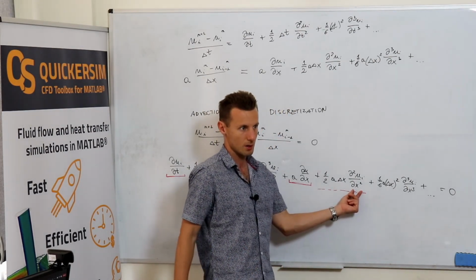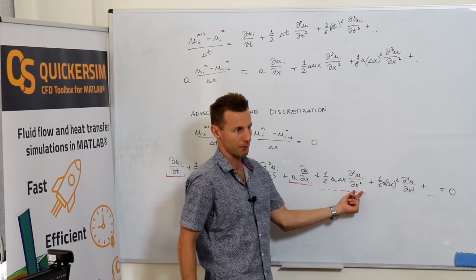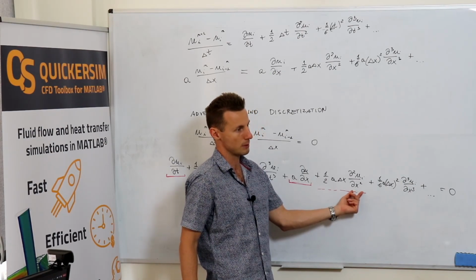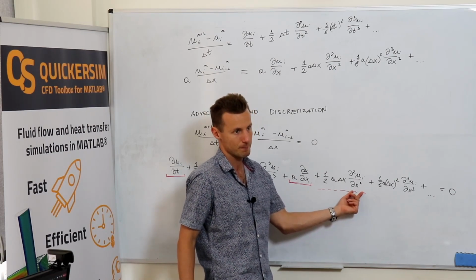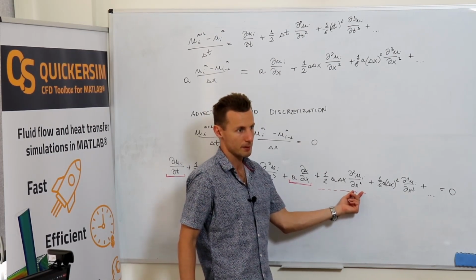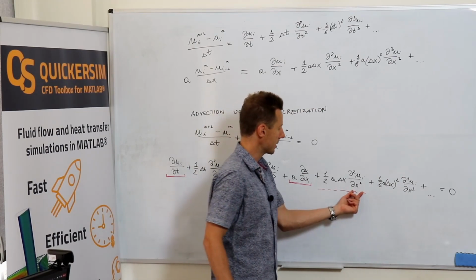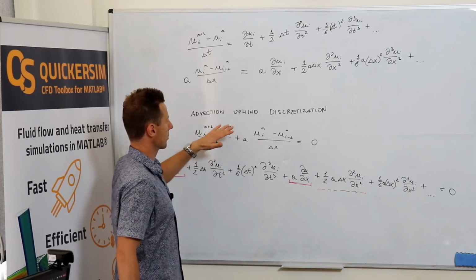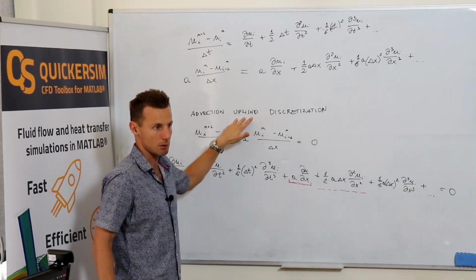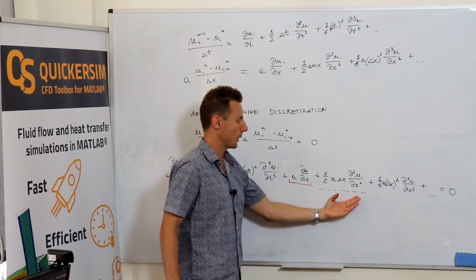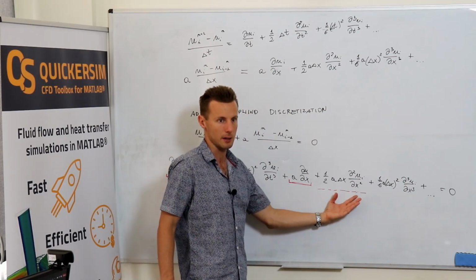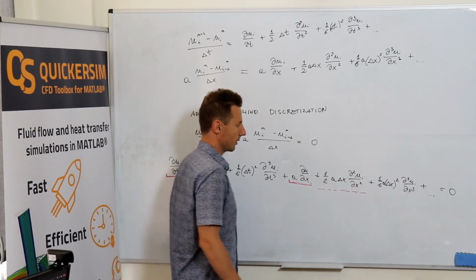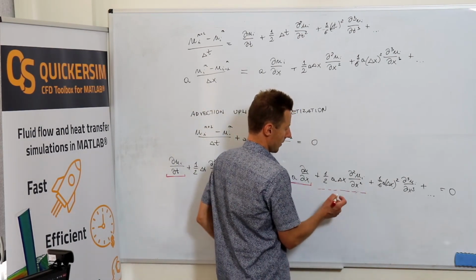What is it? What do you associate something that has got the second derivative with respect to space? Diffusion. Exactly. That's diffusion. So you can see that just by applying discretization, and to be honest, more specifically the upwind discretization in this case, we introduce automatically the artificial diffusion that arises in the numerical solution.